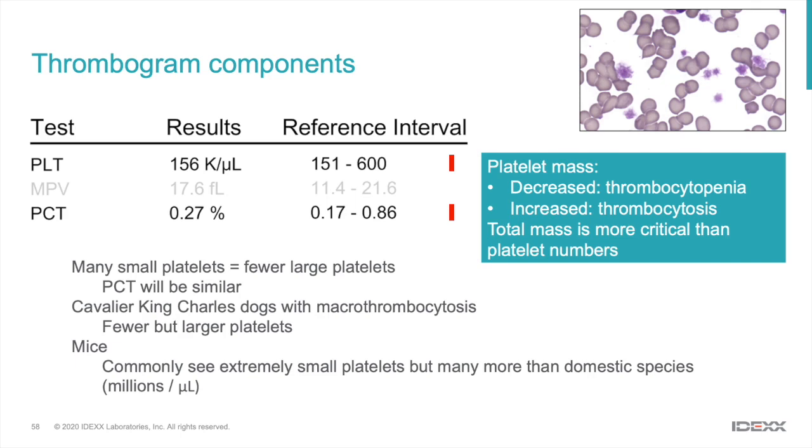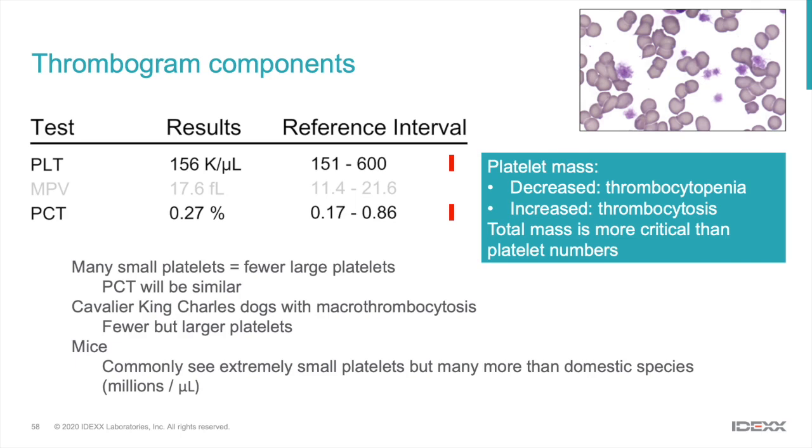And as a poster child, not speaking about a cat here, is the Cavalier King Charles. These dogs, at least the families with the macrothrombocytosis, have fewer numbers of platelets, but they're larger than normal compared to other breeds of dogs. Yet their platelet crit is similar to those of other breeds of dogs.